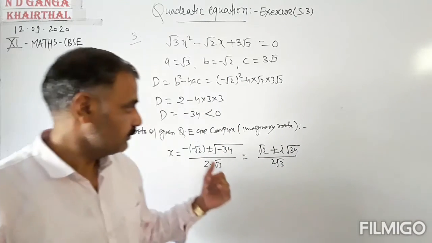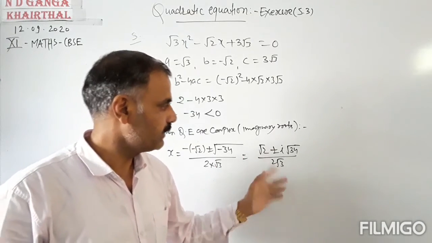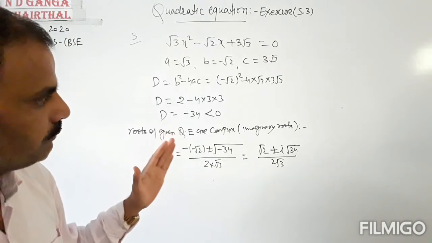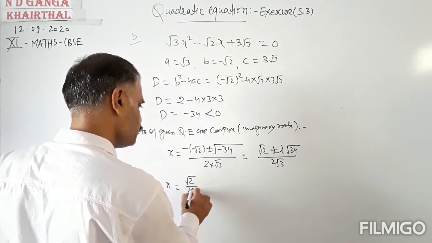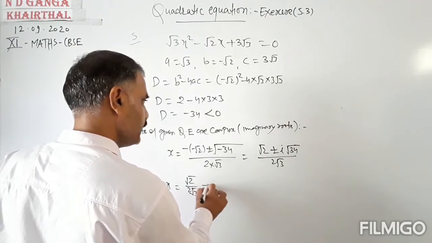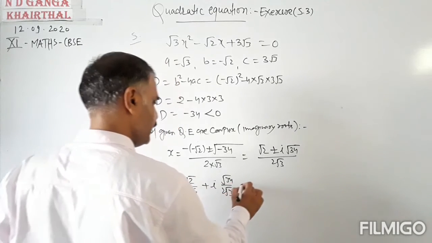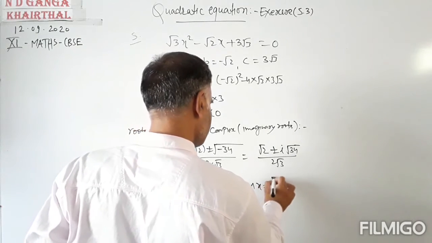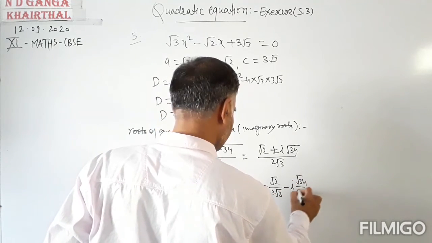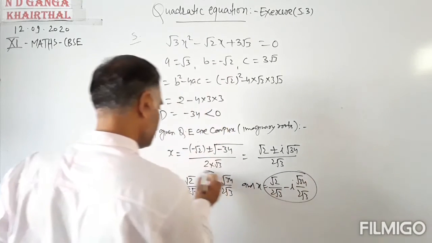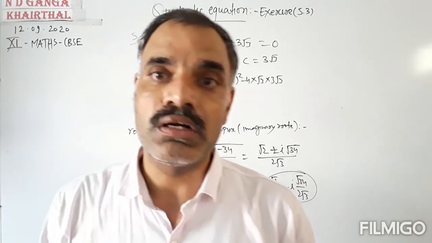So this is the answer, but you can rationalize this by multiplying by √3, or you can simply put the answer as x = √2 upon 2√3 plus iota √34 upon 2√3, and x = √2 upon 2√3 minus iota √34 upon 2√3. So these are the complex roots of the given quadratic equation.